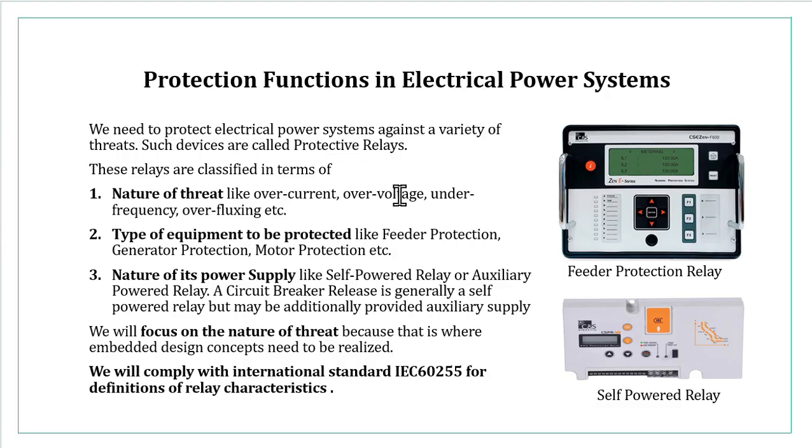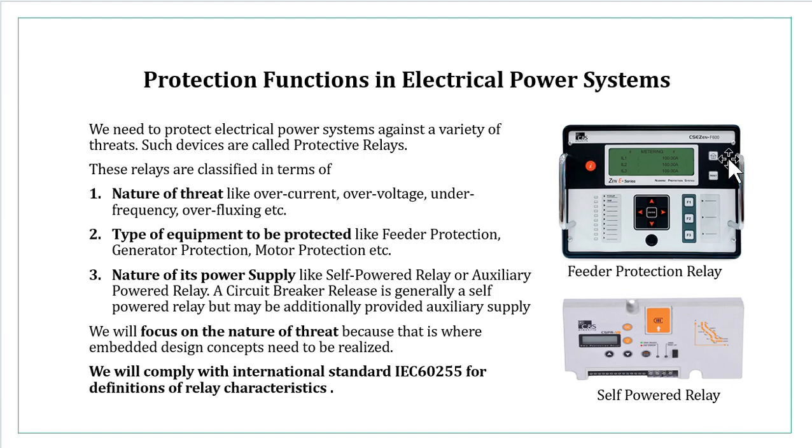Overvoltage really affects the insulation. In fact, overcurrent also hurts insulation. Under frequency, overfluxing, etc., they are all threats to the power system, and to protect the power system we must develop appropriate protective relays.